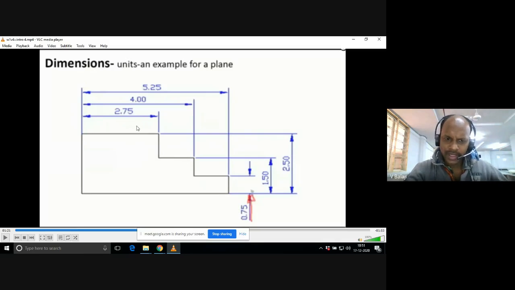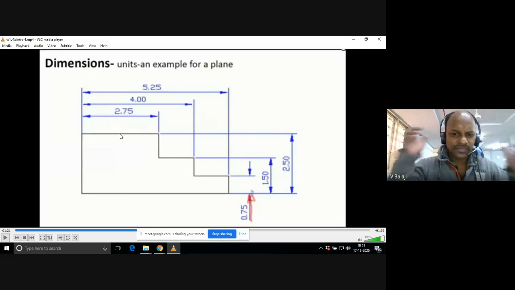And the 4 value is there. That is the distance from this point to this end point, this horizontal distance. It is a middle value, so you have to place the dimension line in the middle. So larger values away from the drawing, and smaller values close to the drawing.